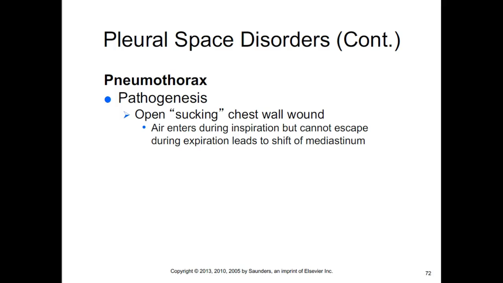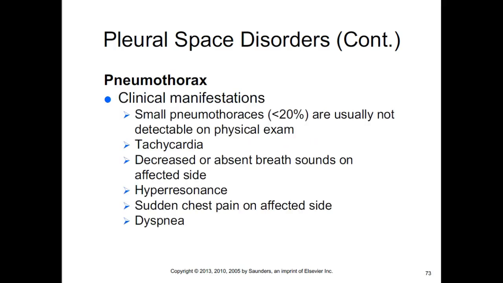Right, so with an open sucking chest wall type of wound, the air enters during inspiration but cannot escape during expiration, which then leads to a shift of the mediastinum. Right, so most clinical manifestations are not detectable on physical exam because they're very small, right?